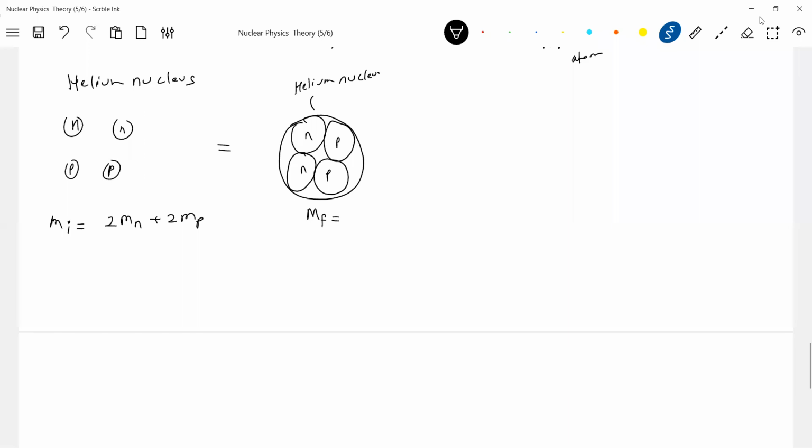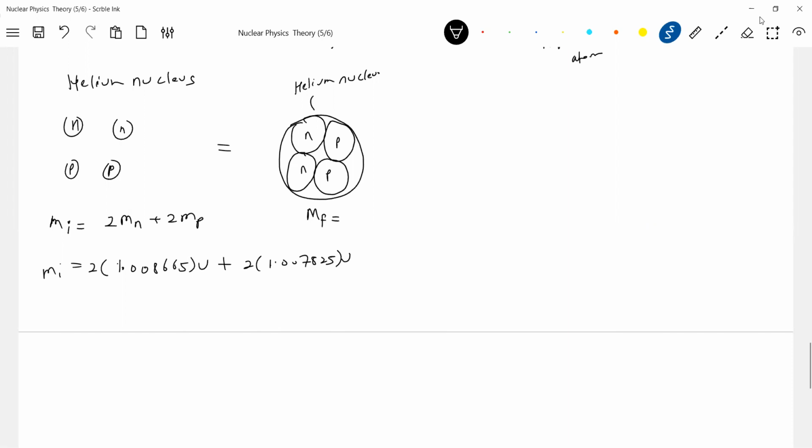When I measure this, what I see is slightly different. I think some data is needed. Mass of helium nucleus. So we have mass of neutron, this is 2 into 1.008665 U plus 2 times mass of proton, 1.007825 U. I'll calculate that initial mass.